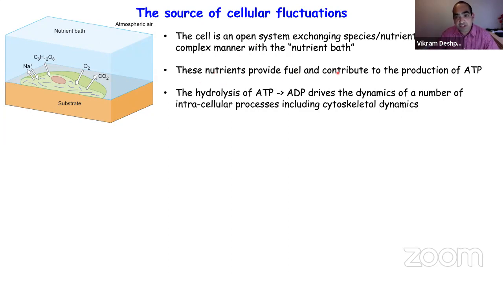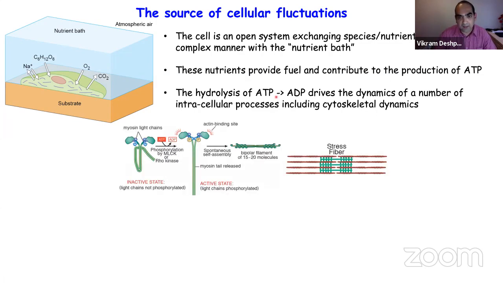Now, these nutrients provide fuel to the cell and contribute to the production of ATP and other things inside the cell. And it's the hydrolysis of ATP to ADP that's really driving intracellular processes inside the cell, including those cytoskeletal dynamics like the microtubule dynamics that you saw.